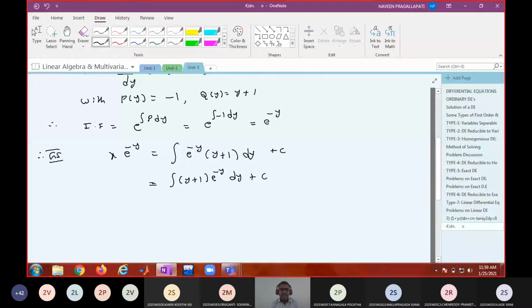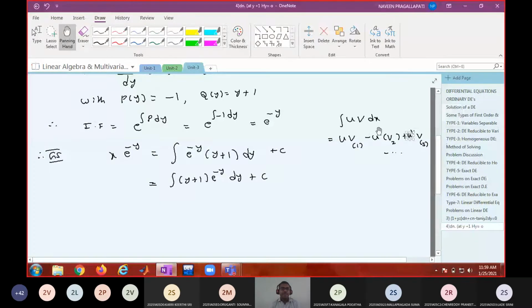Whenever one function is linear, and you are to do the integral of uv dx, what the Leibniz rule says is that the integral of uv dx is equal to u into v1 minus u dash into v2 plus u double dash into v3 minus and so on. Do you remember? Alternately plus and minus, the suffix denotes integration, the superscript denotes the derivative.